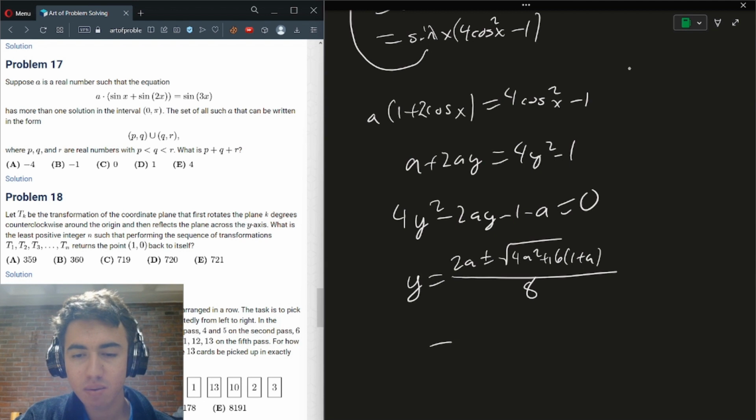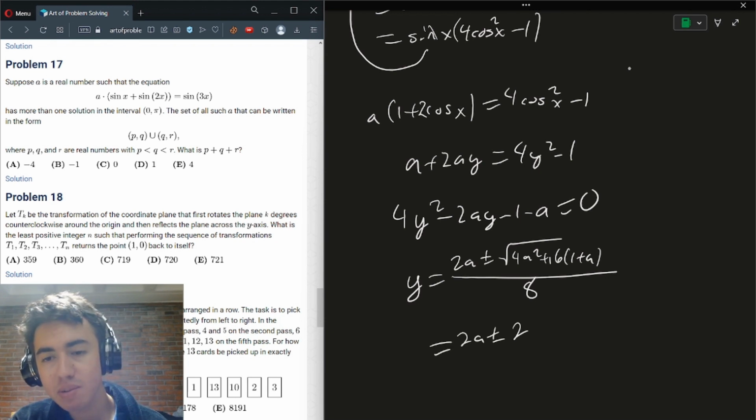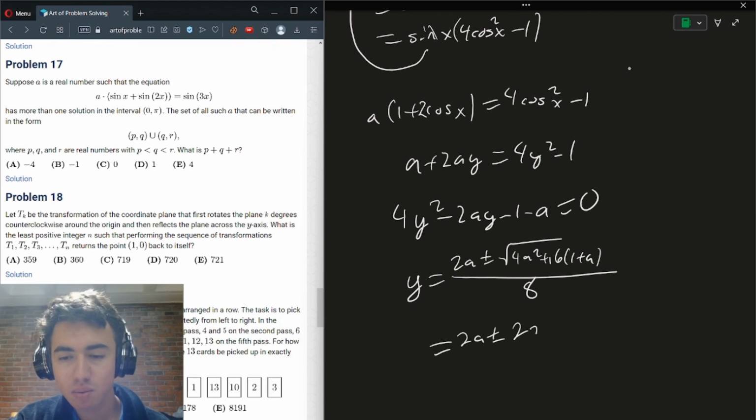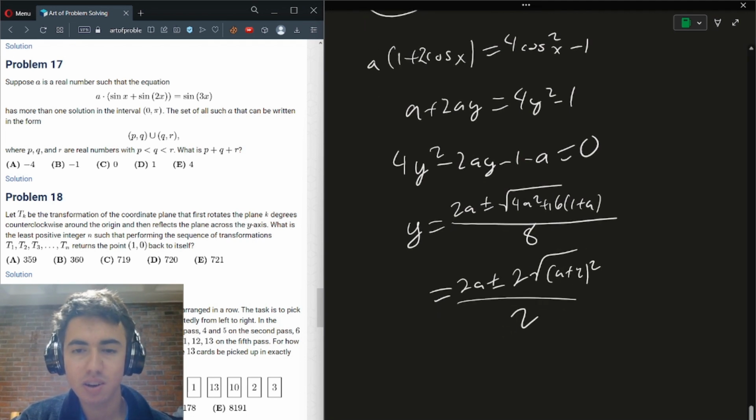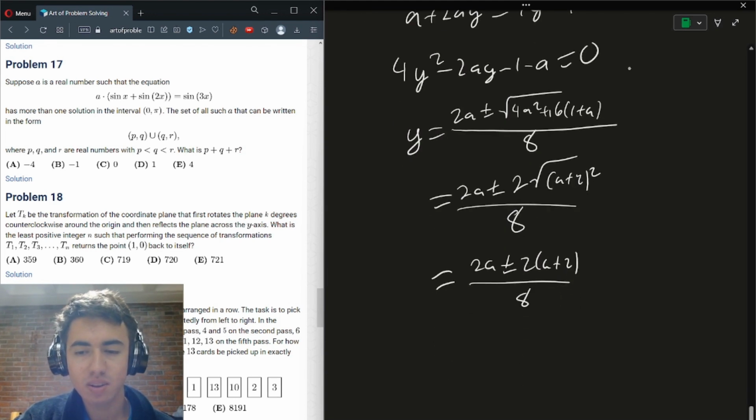And now simplifying what's inside the square root, we take the 4 out, and we get a squared plus 2a plus 1, which is the same as a plus 1 squared, all that over 8. And of course, then this simplifies to 2a plus or minus 2 times a plus 1, all of that over 8.